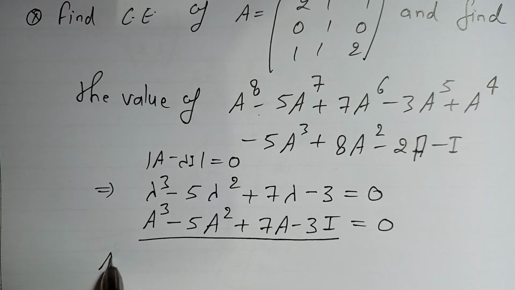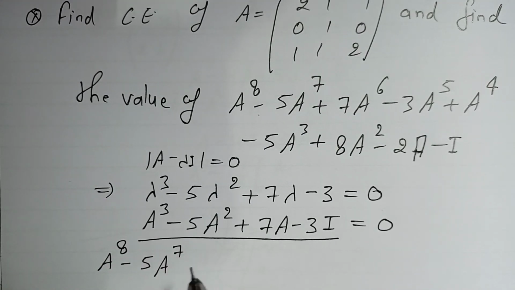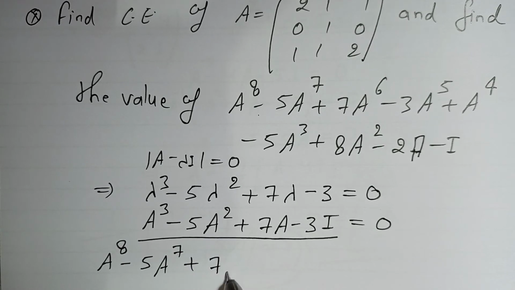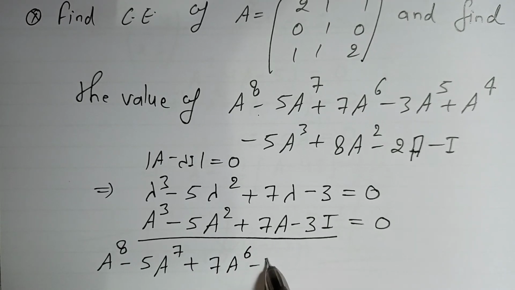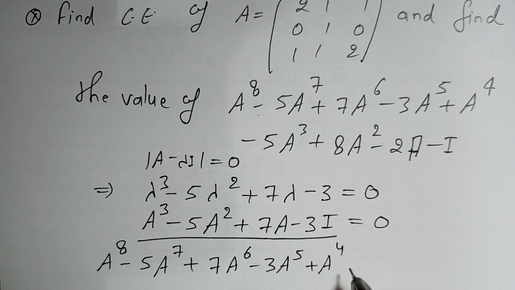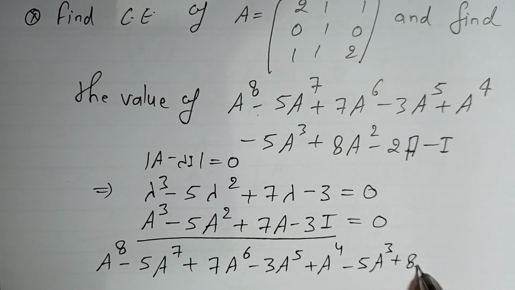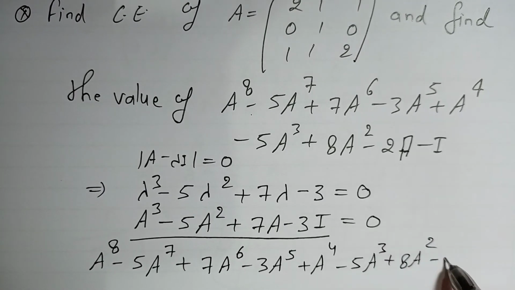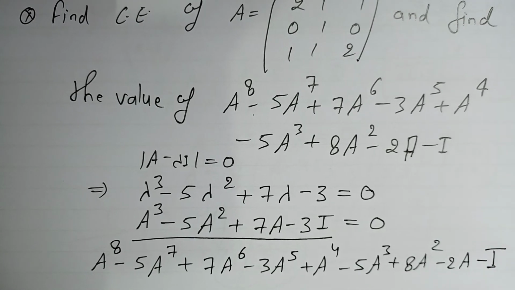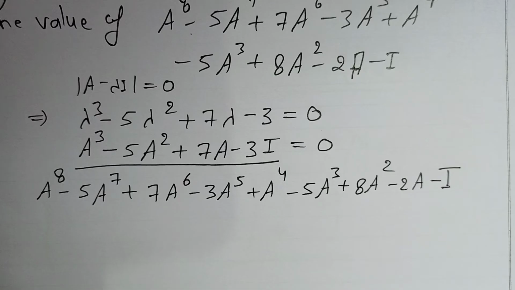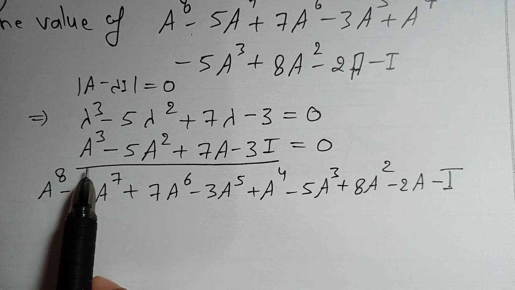So we have A power 8 minus 5A power 7 plus 7A power 6 minus 3A power 5 plus A power 4 minus 5A cube plus 8A square minus 2A minus I. This is the given expression.